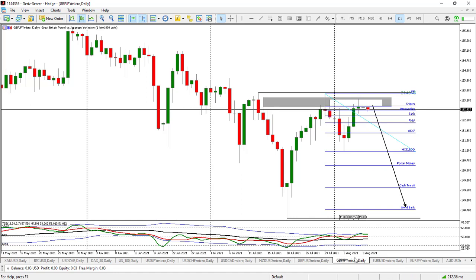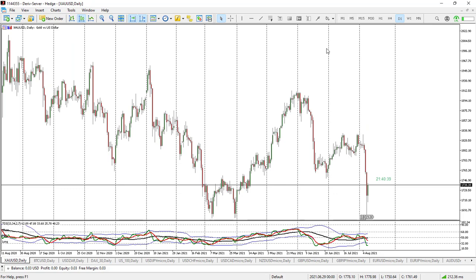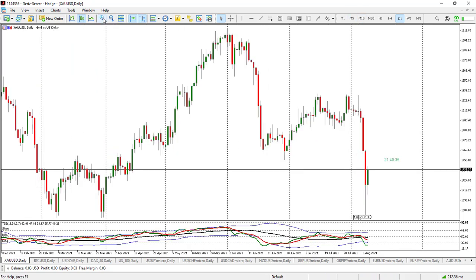And then going to gold. Gold was a treasure made in heaven.